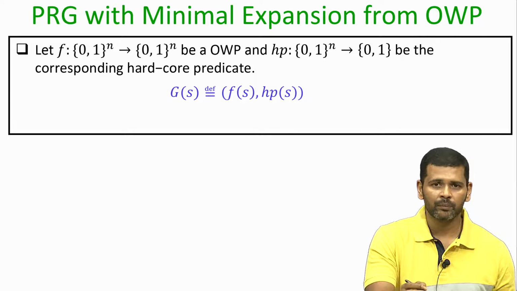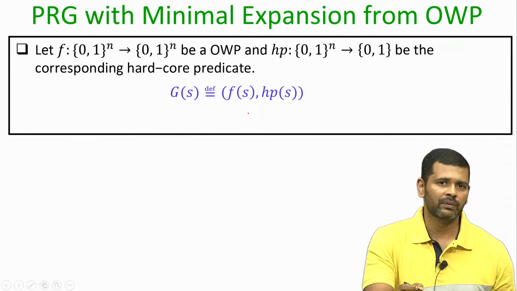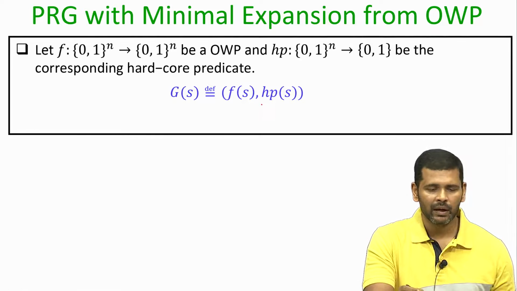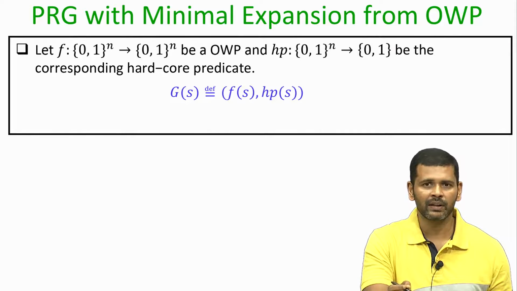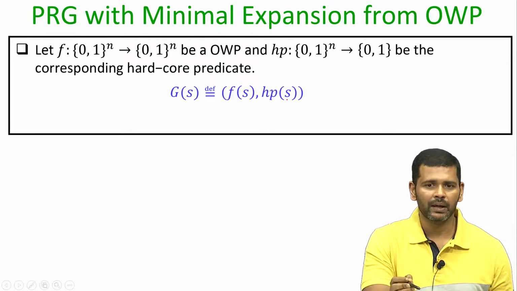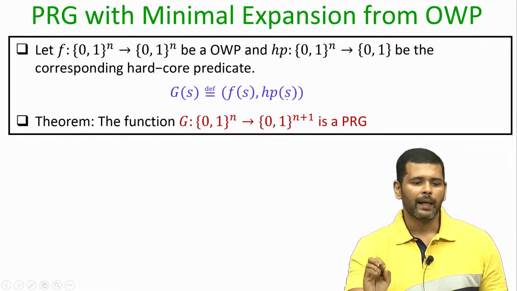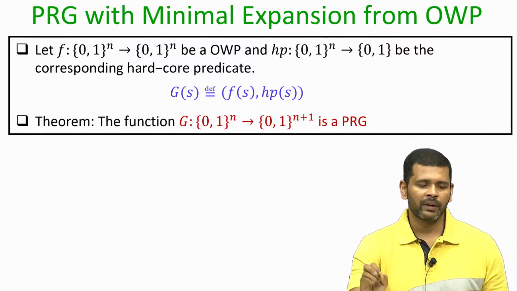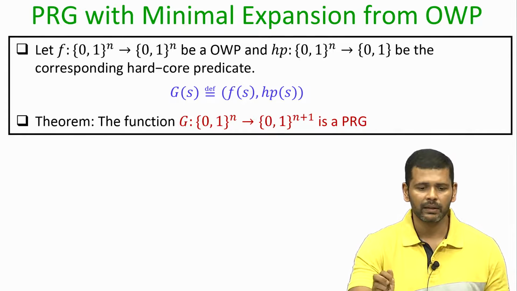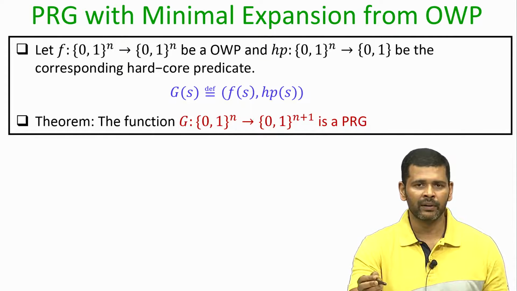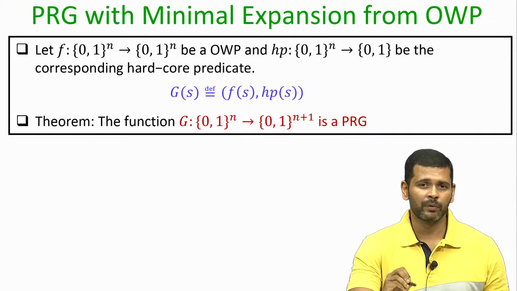The first n bits of the output are nothing but the value of the function f on the input s, and the last output bit of the function G is the value of your hardcore predicate on the input s. The theorem statement that we are now going to prove is that if the function f is a one way permutation and HP is the associated hardcore predicate, then the construction G that we have given here is actually a pseudo random generator which expands its input by 1 bit.